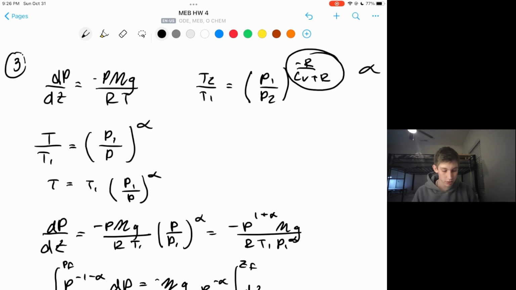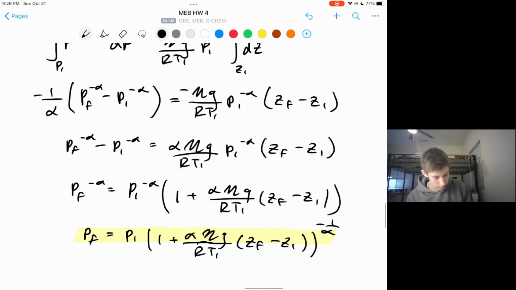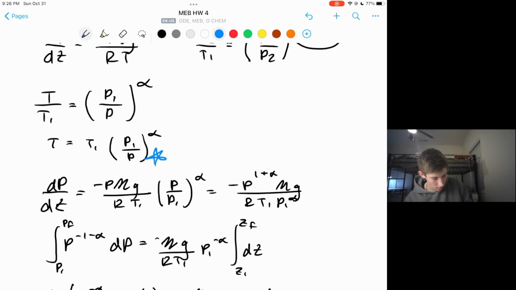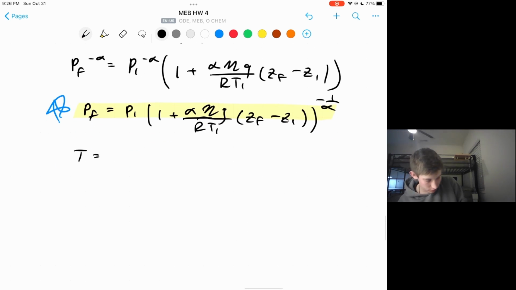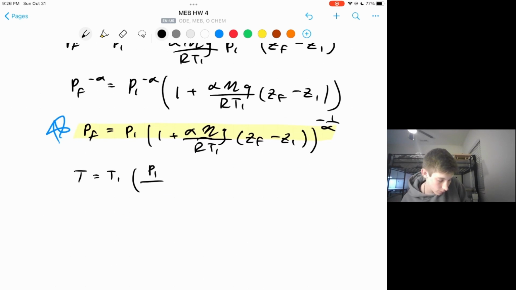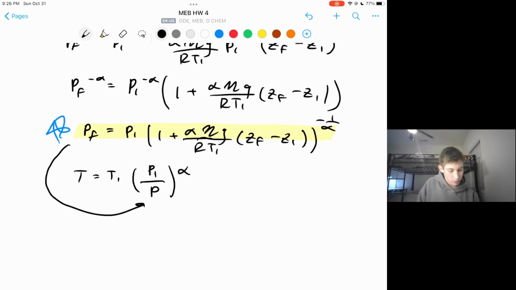So now what we want to do is take this equation here and put that into this equation for P right here. So we have T equals T1 times P1 over P to the alpha, and we're going to put the P final here.